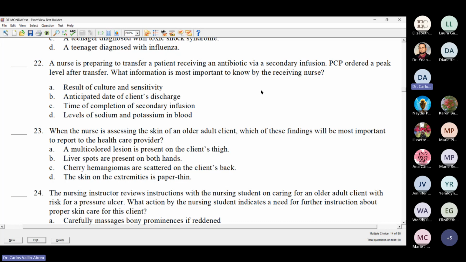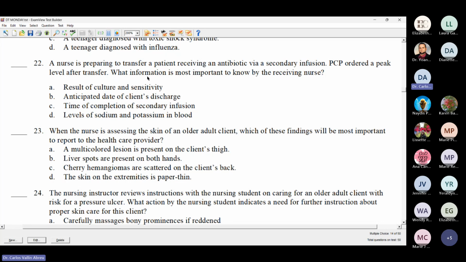So, for example, for vancomycin, it is 30 to 60 minutes after the dose. But each medication has a different latency period to draw the blood after the dose.